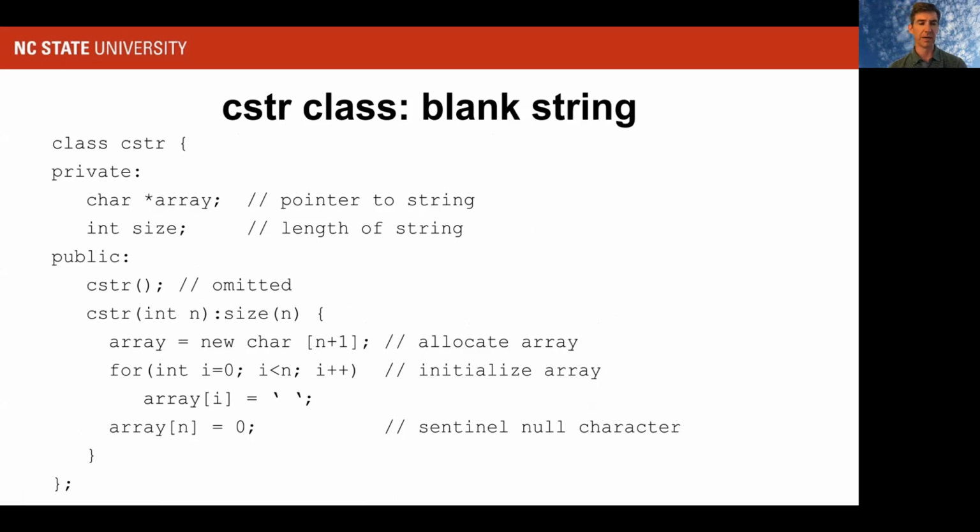And then my for loop here will loop over that array and initialize every position in the array to a blank space. And then set the last value in the array to 0, or in other words, a null character. And that provides my sentinel null character that terminates the string.